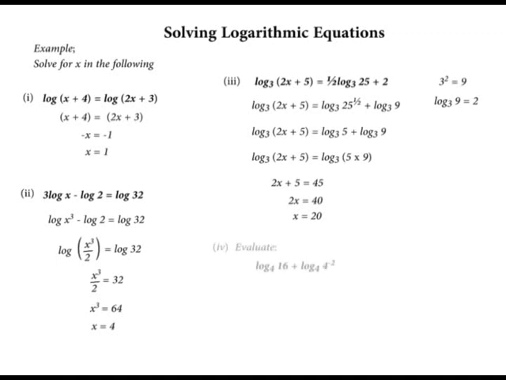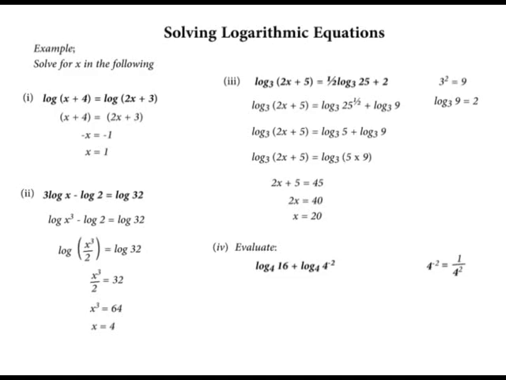Another example. Evaluate log to base 4 of 16 plus log to base 4 of 4 raised to negative 2. Recall in indices, 4 raised to power negative 2 is also equal to 1 over 4 raised to power 2.